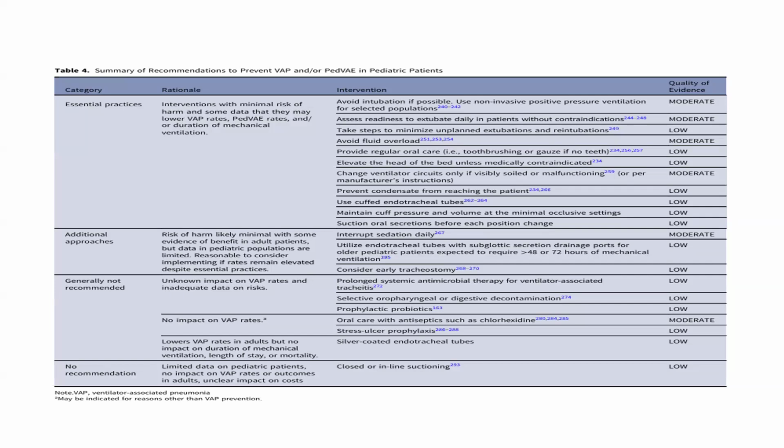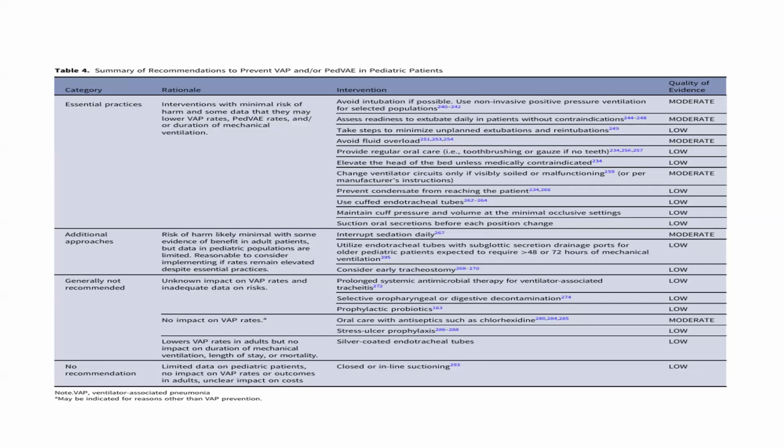Then provide regular oral care with toothbrushing or gauze. Elevate the head of the bed unless medically contraindicated. You can change the ventilator circuit, but not frequently. Change it only if it is visibly soiled or if there is any malfunction. Then prevent condensate from reaching the patient.